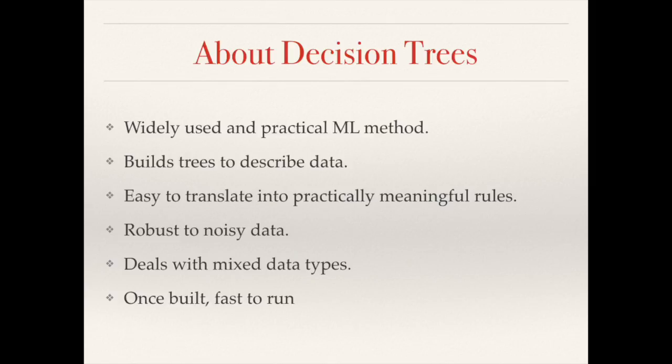Let's have a recap of the decision trees. Decision trees are a very widely used and practical machine learning method, and the trees are built from the training data to describe the relationship of the observable attributes in the data with the target values.